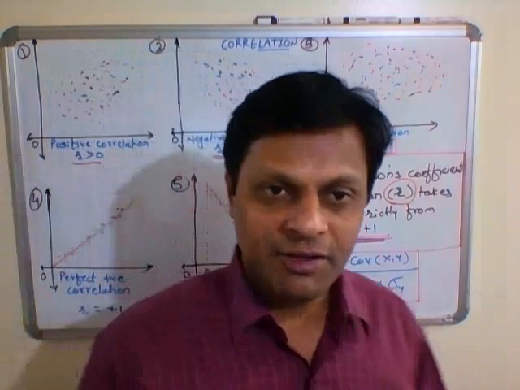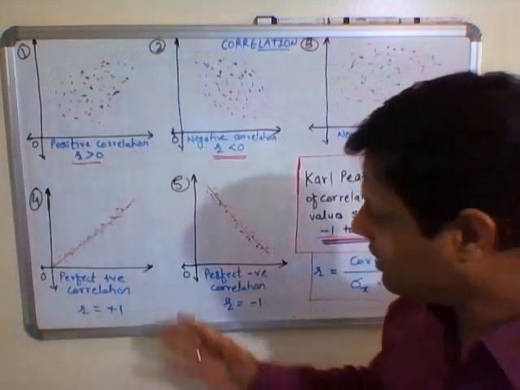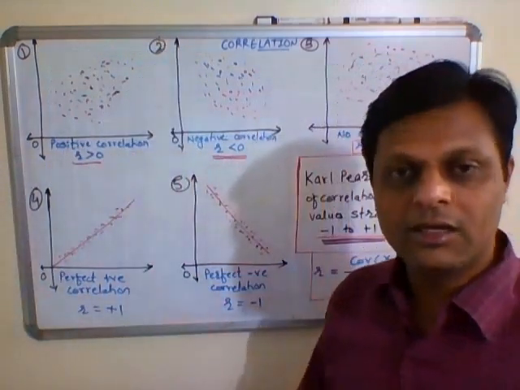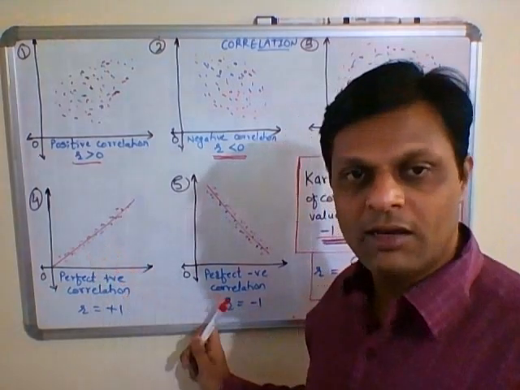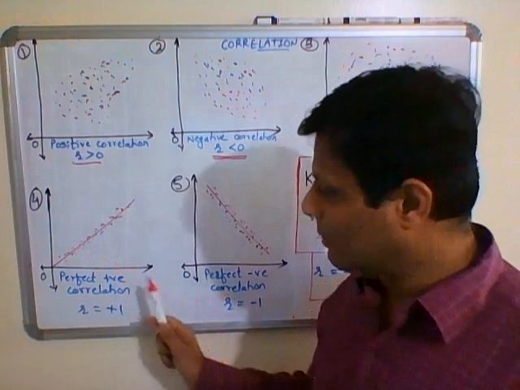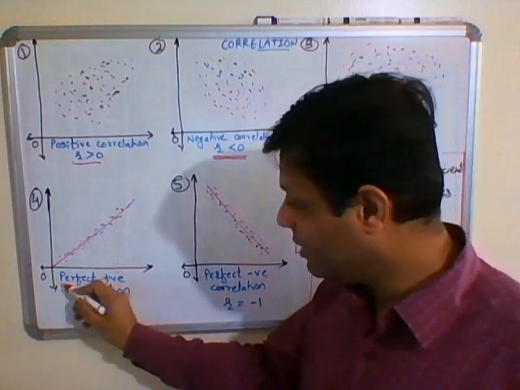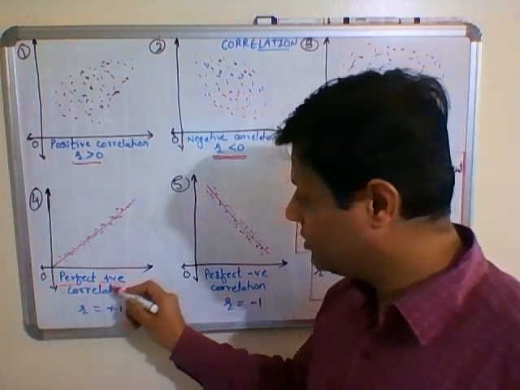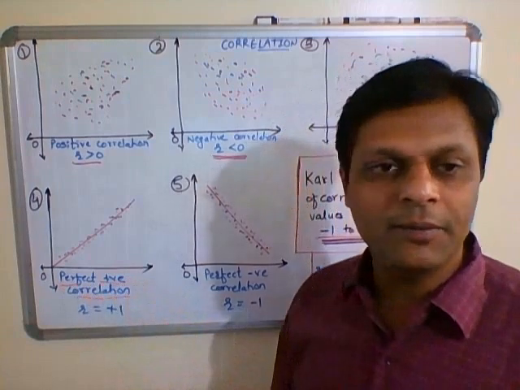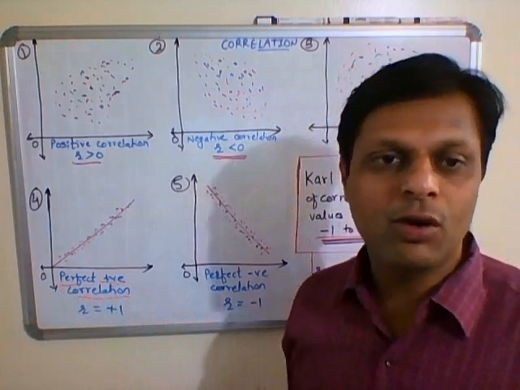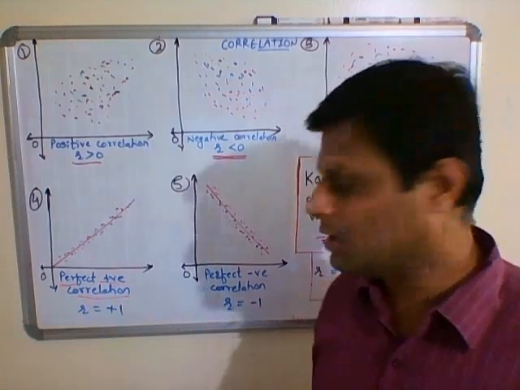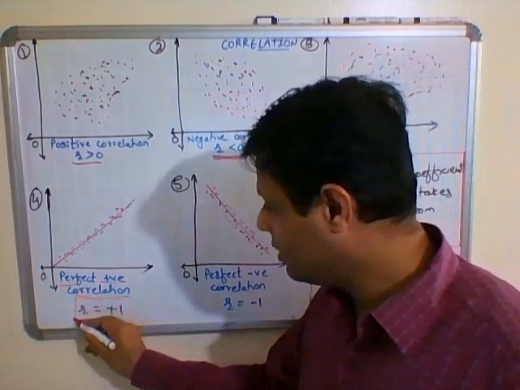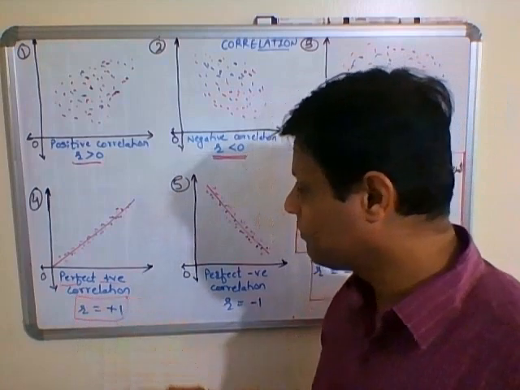Now if we refer to the fourth and fifth plots, we get some other information from these two. The fourth plot is for positive correlation, the fifth is for negative correlation, but specifically we are writing here that it is perfect positive correlation. What does it mean? If your coefficient of correlation is exactly +1 with no approximation, then we say we have a perfect positive correlation.